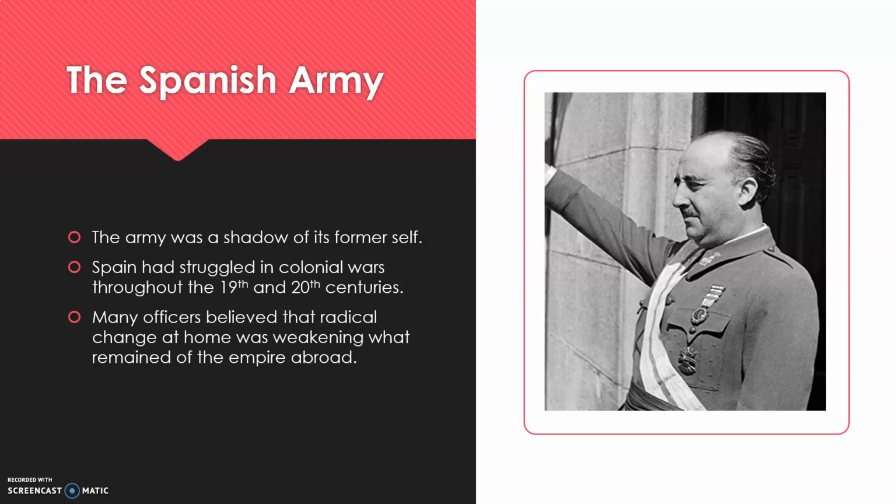So the Spanish army represents the old Spain in many ways, the Spain that used to be great, but which now is in decline.